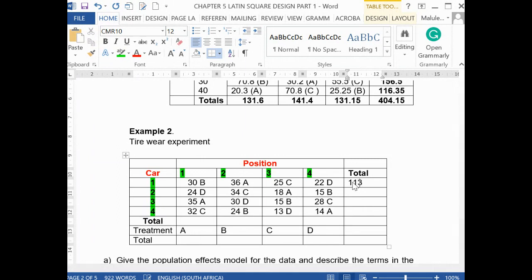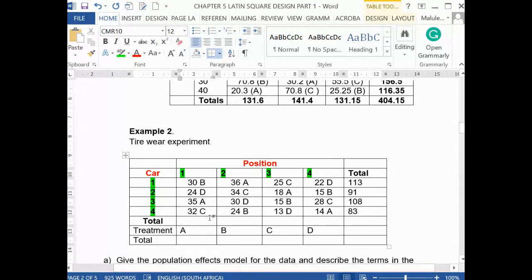113, 91, 108, 83. Yes. When you add the totals for the cars, your answer should be the same as when Nomvela adds the totals for the positions.